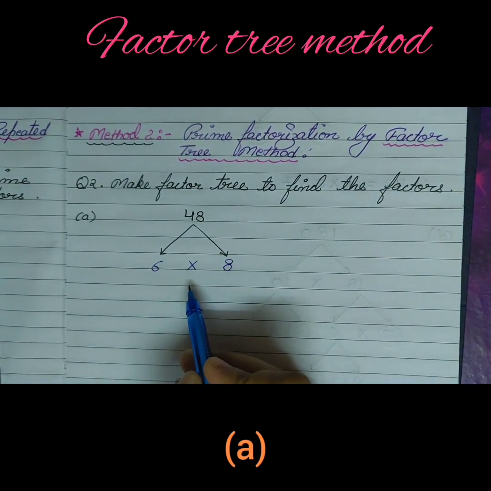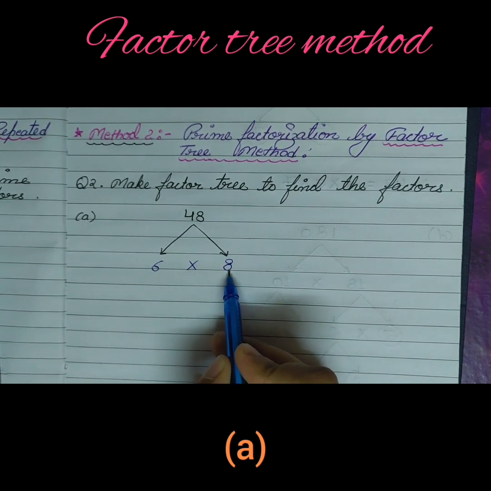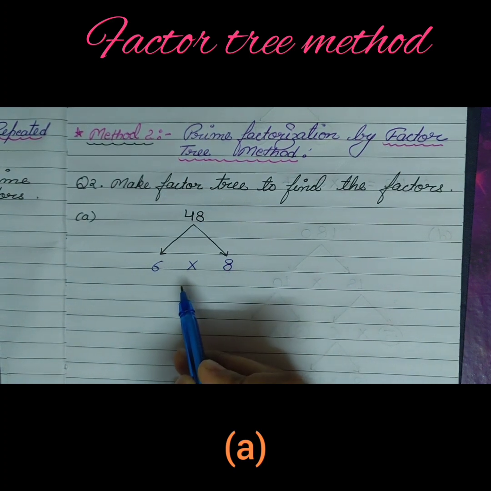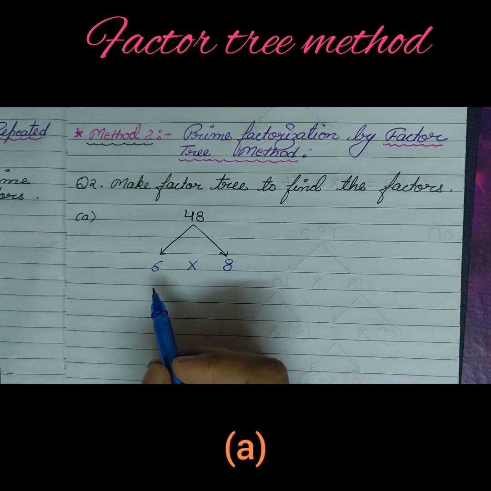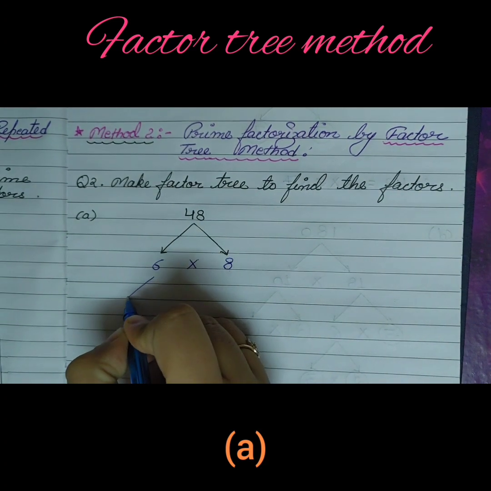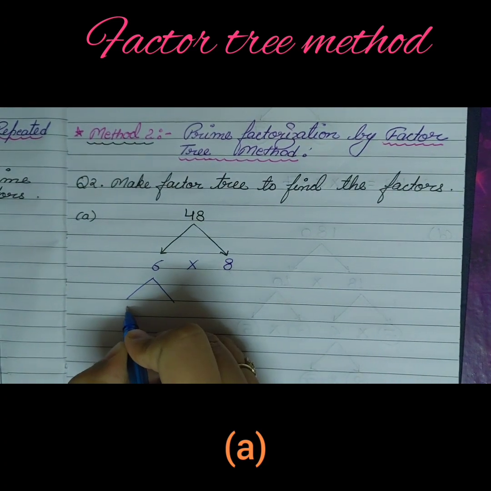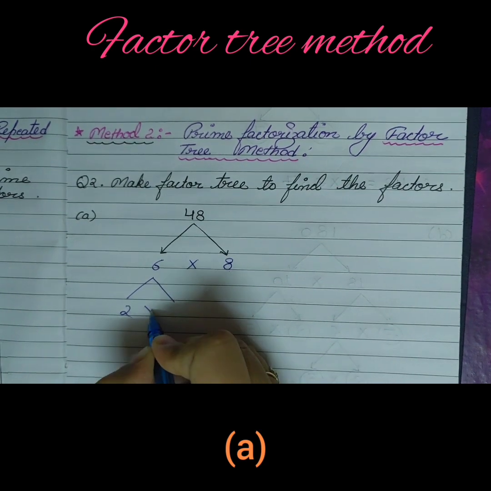Now, both these numbers are composite numbers. 6 and 8 are composite numbers. So, we again break them into their factors. 6 can be written as 2 times 3.